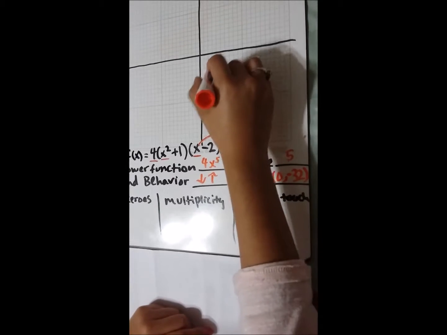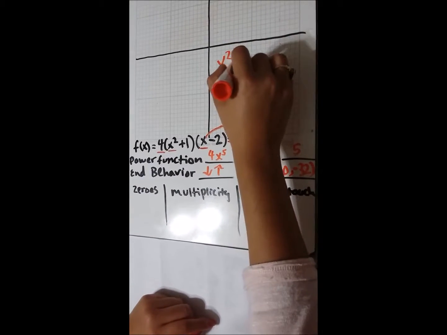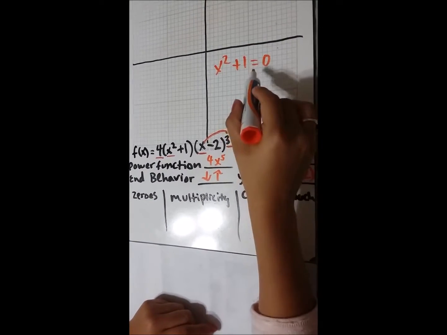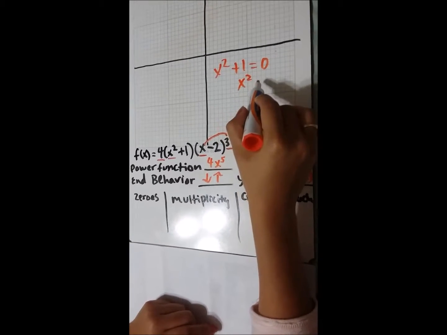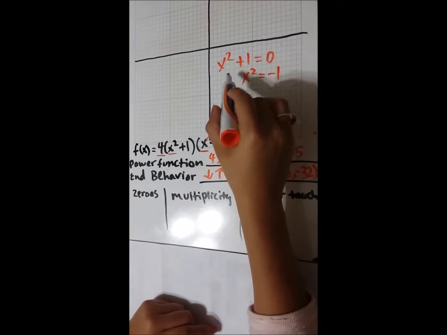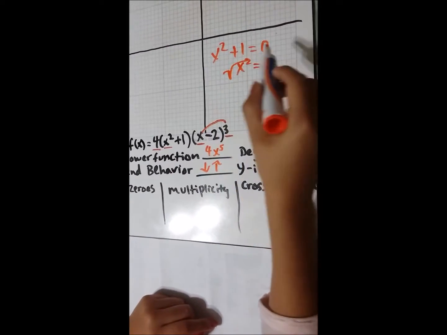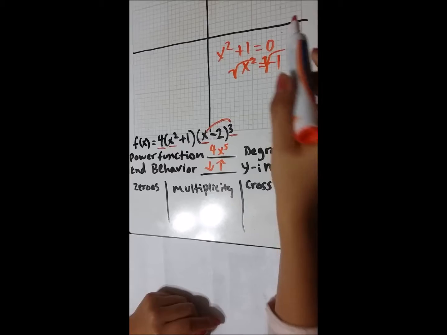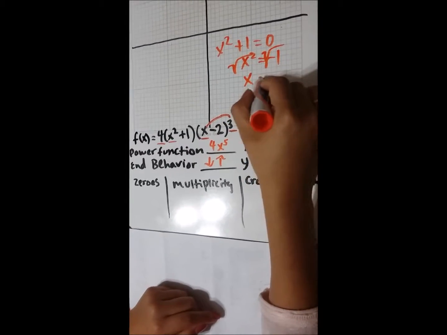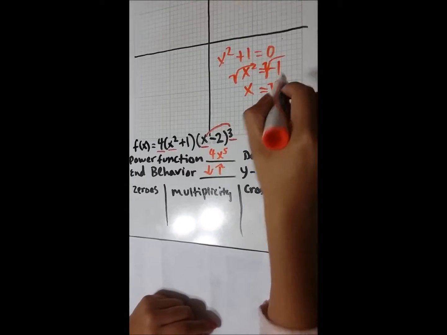We're going to start with x squared plus 1 equals 0. Then we're going to solve it. x squared equals negative 1. Now we're going to have to take the square root to get rid of that square. And that leaves us with x equals the square root of negative 1.